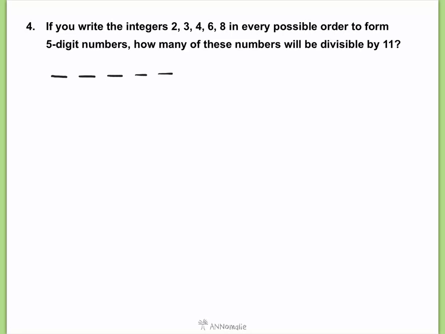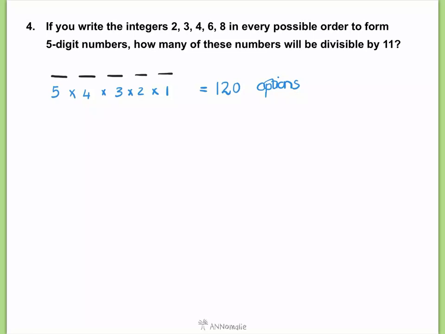Because there's 5 digits, that means there's 5 to choose from for position 1, then 4, then 3, then 2, then 1. And that gives us a total of 120 different options. So to write each one of them down will be a very time-consuming exercise. Is there a better way to find out how many of these will be divisible by 11?